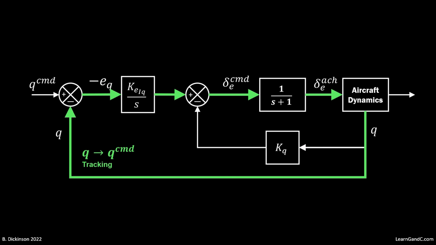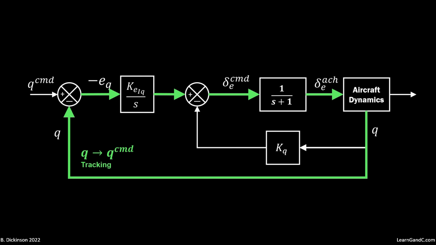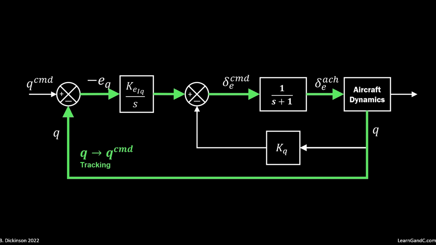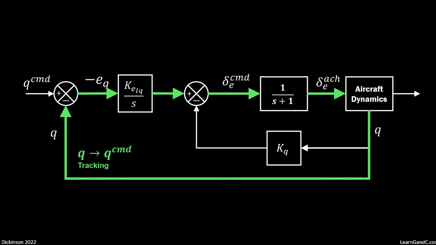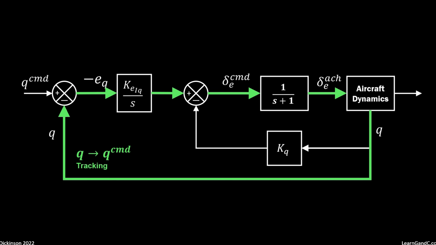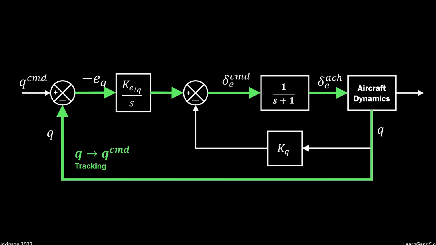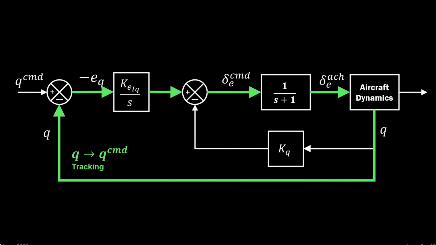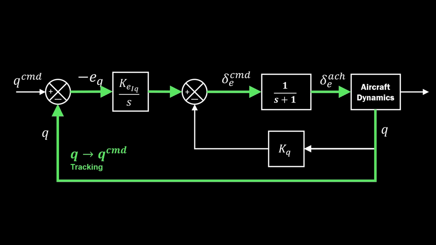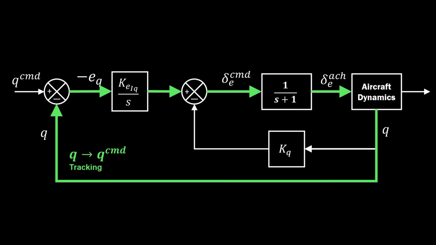As the integral error gain increases, pitch rate will tend to track the command faster, but this could introduce oscillation, which KQ would have to be adjusted for in response. Now, overall, this single integrator indicates a type 1 control system. That's going to provide asymptotic tracking of constant pitch rate command inputs.